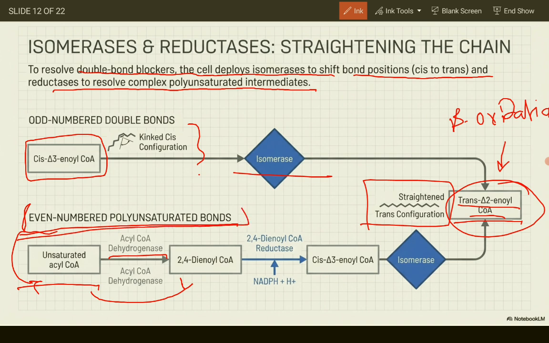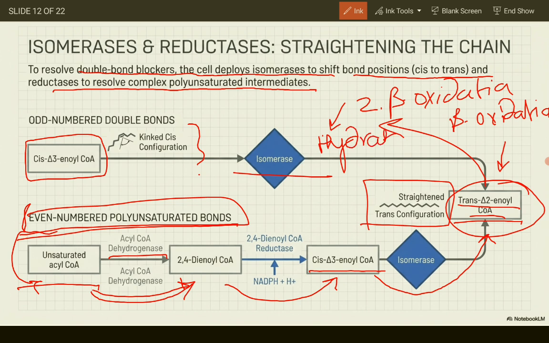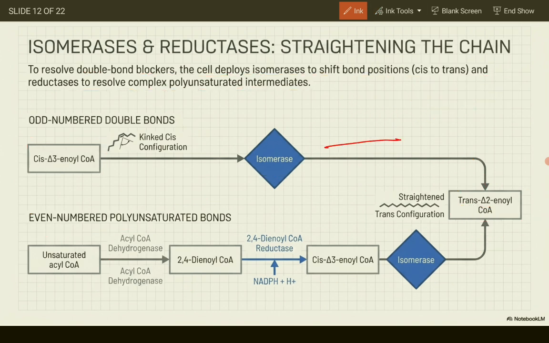In case of polyunsaturated bonds, unsaturated acyl CoA produces 2,4-dienoyl CoA that undergoes a reduction procedure and produces cis 3 enoyl CoA, and again this isomerase converts it into trans 2 enoyl CoA, which is already produced in the second step of beta oxidation. This will undergo hydroxylation.